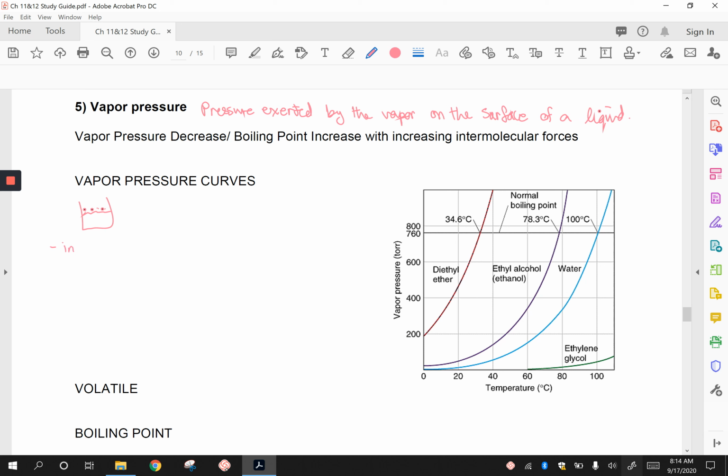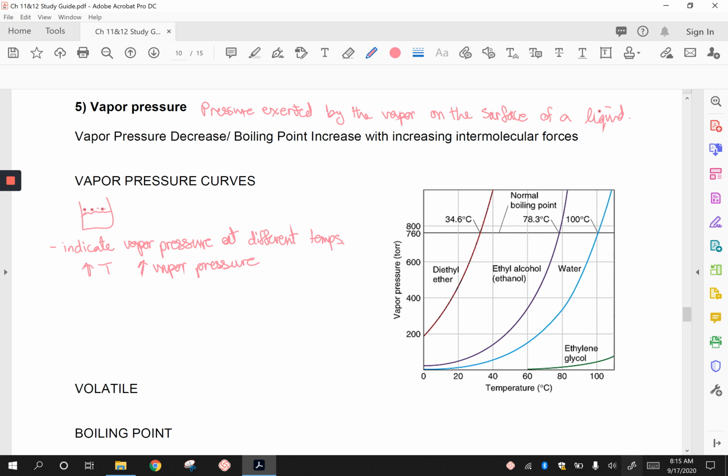So we indicate vapor pressure at different temperatures. And as your temperature increases, your vapor pressure increases as well.